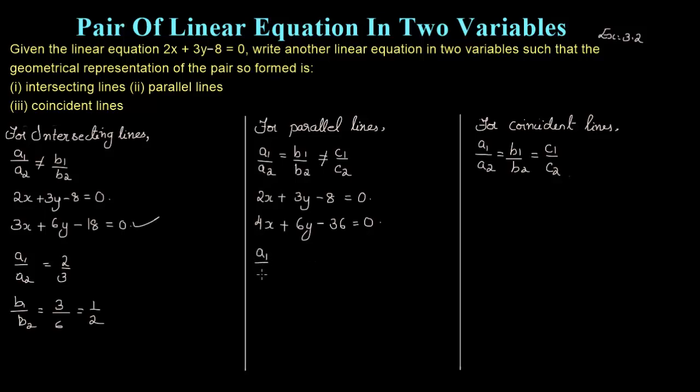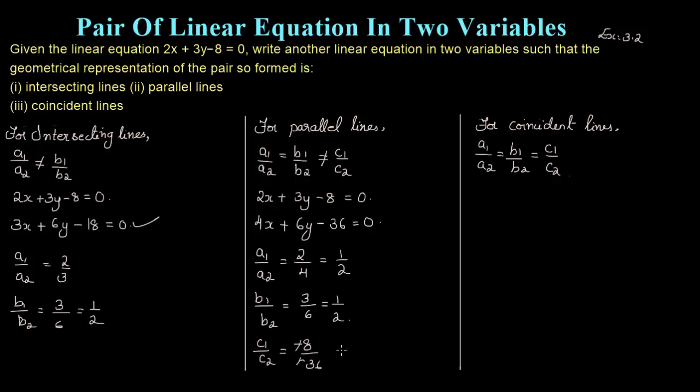So now if I am checking A1 by A2, it is 2 by 4, which is equal to 1 by 2. Then we have B1 by B2, which is also equal to 3 by 6, and it is 1 by 2. And C1 by C2, if I am checking, then it is minus 8 by minus 36.